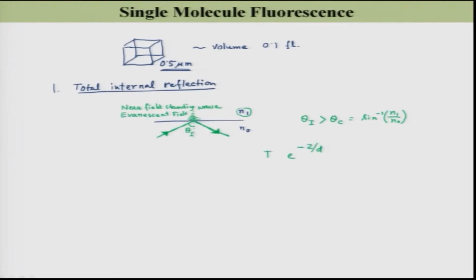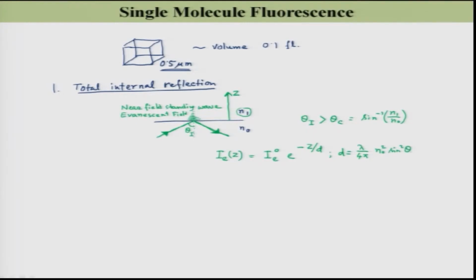It starts with some initial value I0, which is the field dependence as you move away from the interface. Here is my z, and in this case my variable is obviously z, and d is given by lambda by 4 pi times n0 square sine square theta.